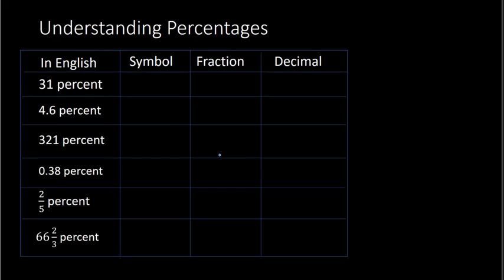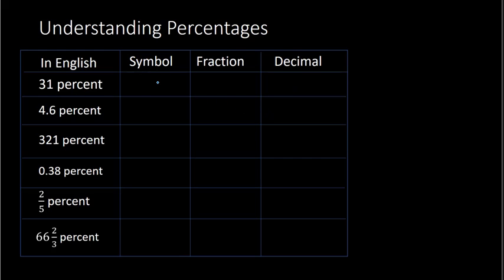Now here we see a bunch of different examples of ways that we can say percentage in English. And then we're going to fill in this table to show different ways that we can represent these same expressions. So we can represent these expressions with symbols, we can use fractions, or we can use decimals.